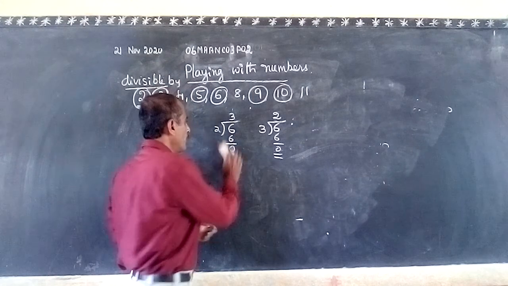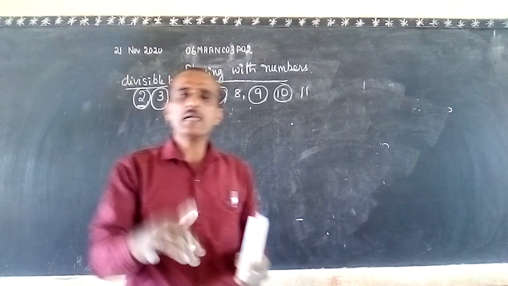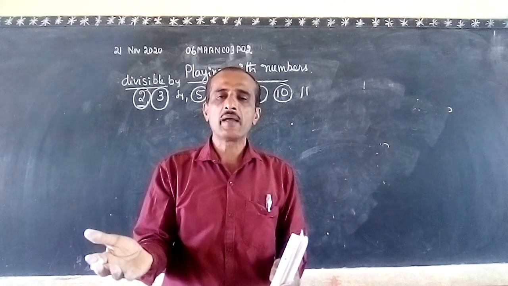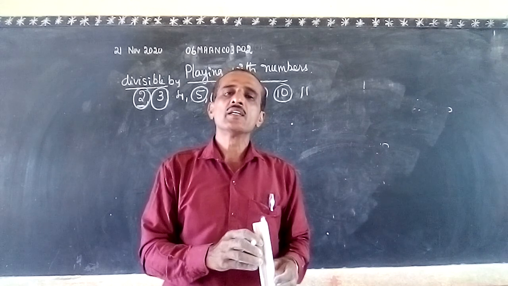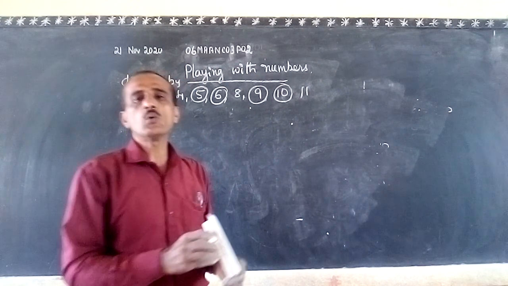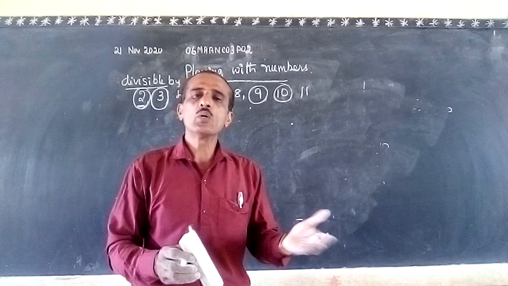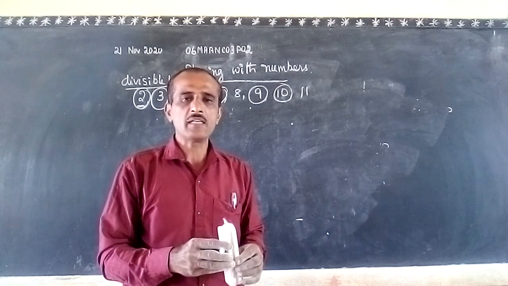Therefore, a number which is divisible by both 2 as well as 3, such numbers are also divisible by 6. Now I told how to check whether a number is divisible by 2 or 3. For 2, the even number must be there, 0, 2, 4, 6 or 8 in the unit place.